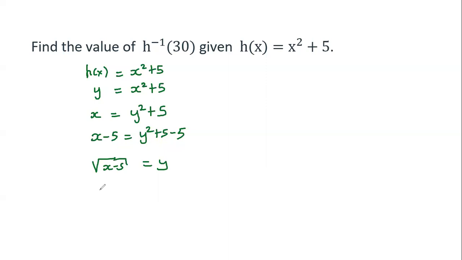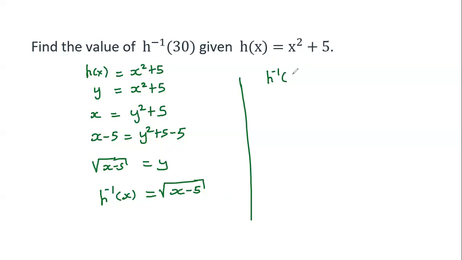And then we must find the inverse of the function of 30. So it will become the inverse of 30 is equal to the square root of 30 minus 5.